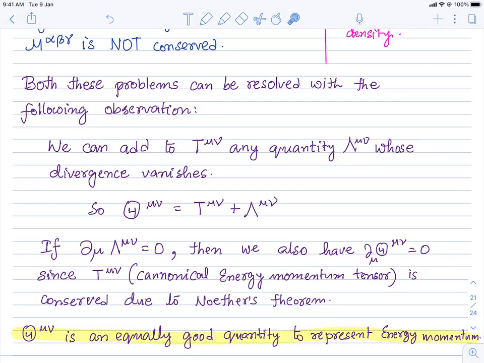So I'm free to add to the canonical stress tensor terms whose divergence vanishes. Terms like these are called improvement terms, and then I have an improved stress tensor. I can use this fact to remove these two problems, that the stress tensor is not gauge invariant and it's not symmetric, by using the non-uniqueness of the energy momentum tensor.